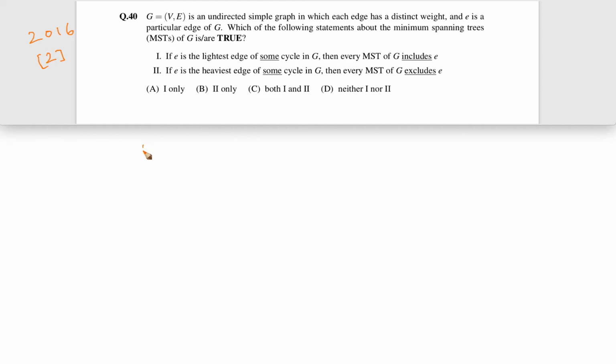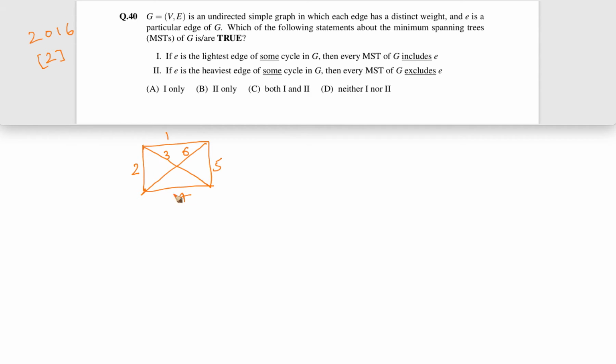How? Let's try to understand this graph. Let's say there are 4 vertices and it is a complete graph, so it has 6 edges. Let's say this edge is 1, this edge is 2, this edge is 3, and this is 4, this is 5, and this edge is 6. Now, 4, 5 and 6 form a loop, right?